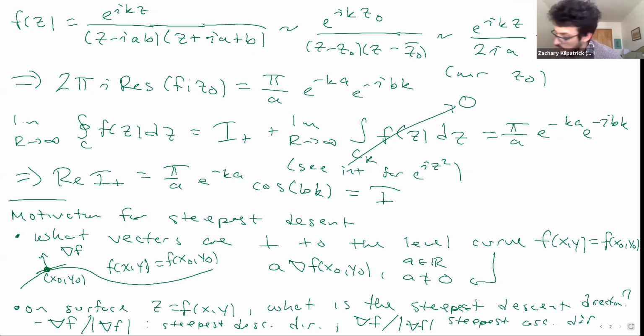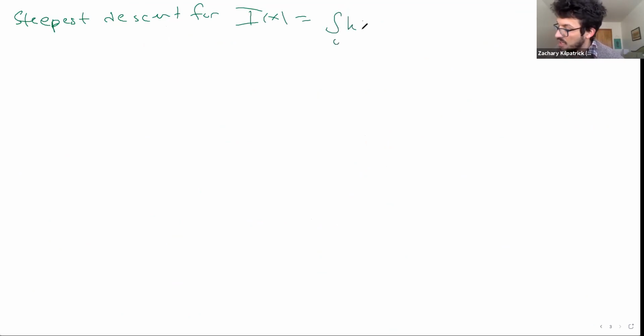Well, let's look back at our contour integral that is the general focus of our steepest descent method, okay? So steepest descent for the integral I of x, integral over C, h of t, e to the x rho of t dt as x goes to infinity, okay?